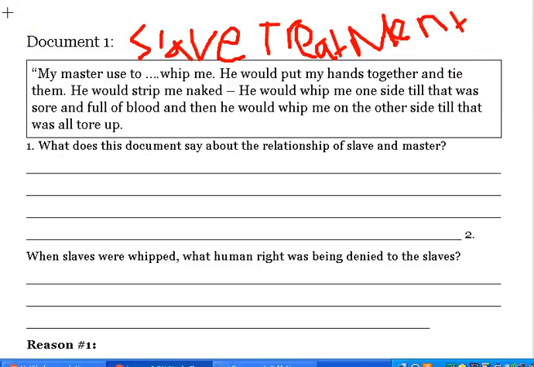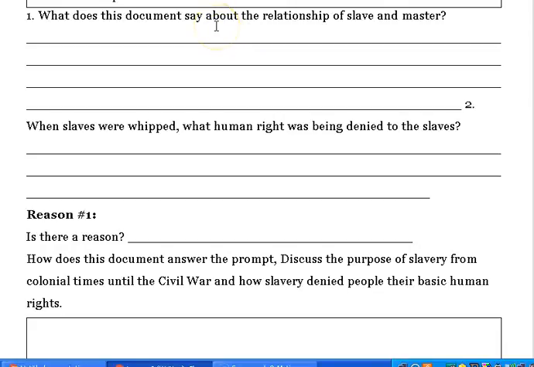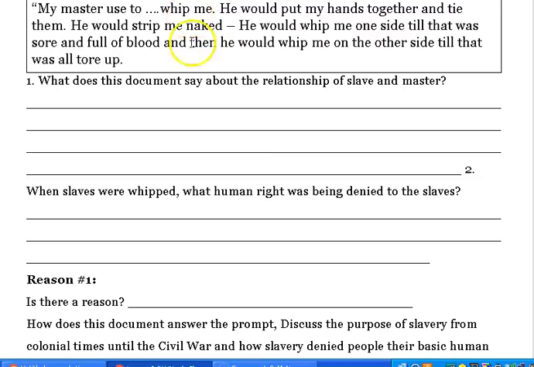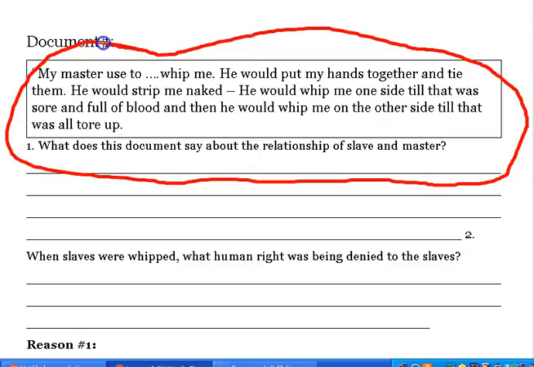So let's go on. You have 2 questions. What does this document say about the relationship of slaves and masters? So we can go back to this, use textual evidence, and find out the answer. And then, when slaves were whipped, what human rights was being denied? So once again, we can go back to this and find the answer. So, do that now.